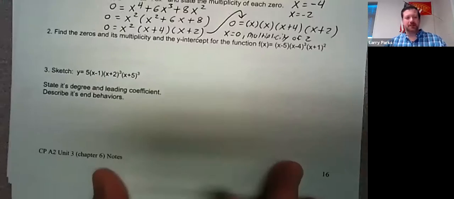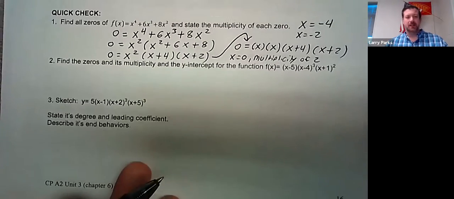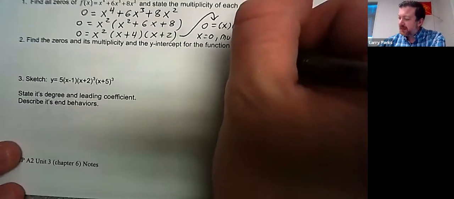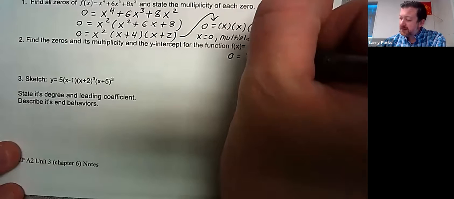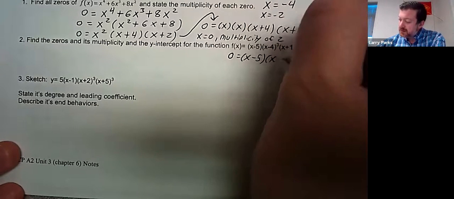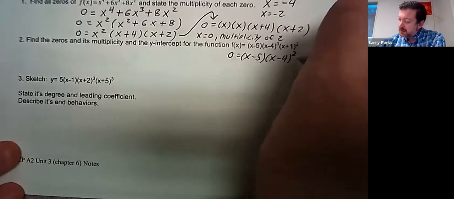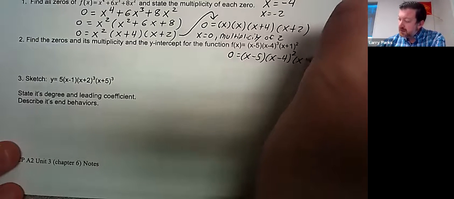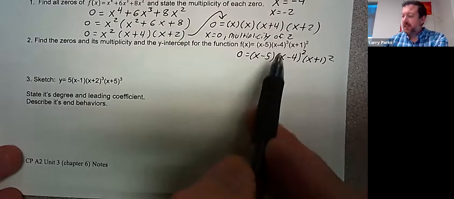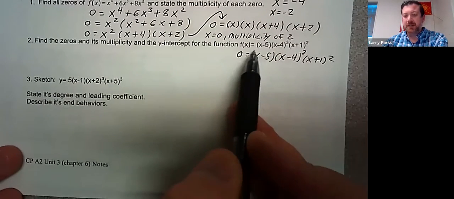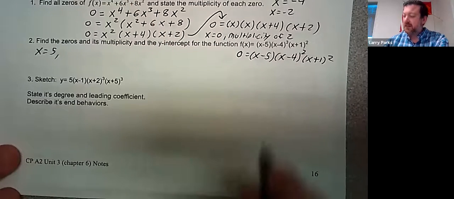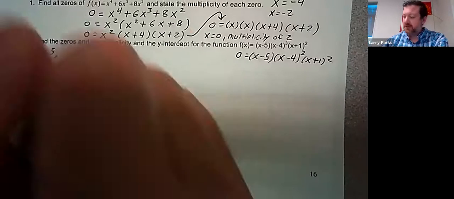All right, next one. Find the zeros. Well, when is this equal to 0? It's already factored for us. But to find the zeros, I set it equal to 0. For x minus 5, I get x equals 5, multiplicity of 1.